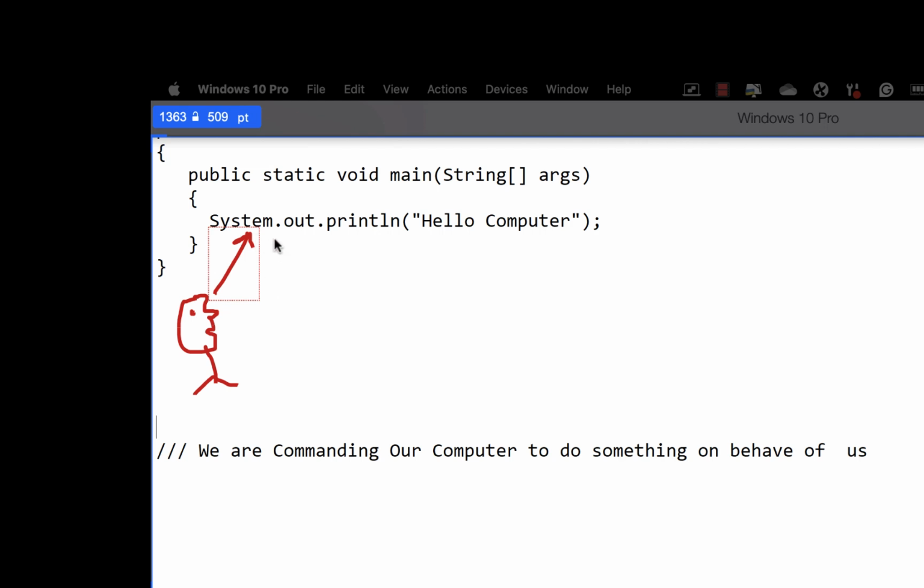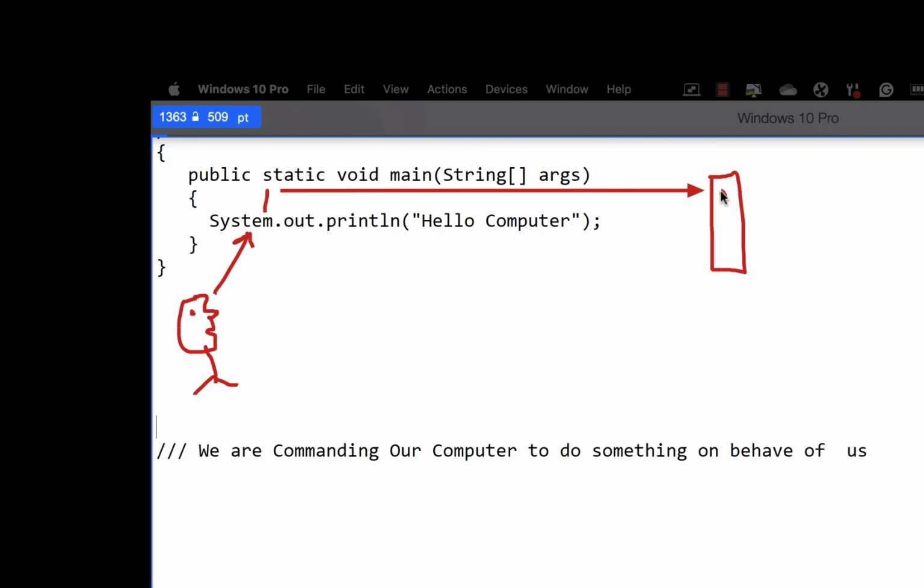Maybe you can think like, when you say System, that means you are pointing to your computer's CPU. Just think like that. It's not necessarily 100% right, but just think that for now for understanding purposes.